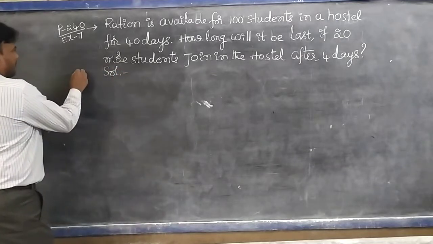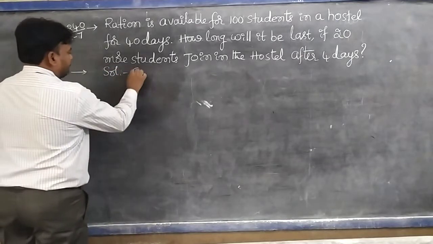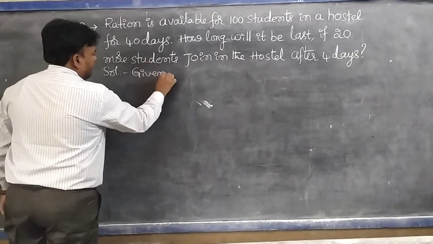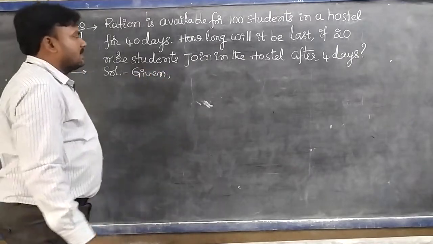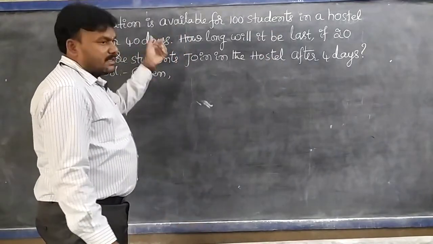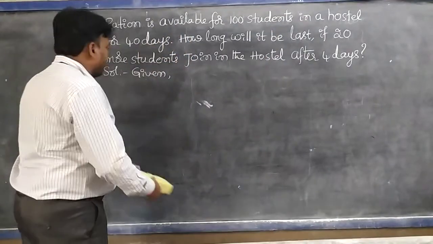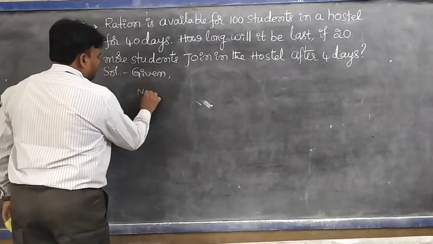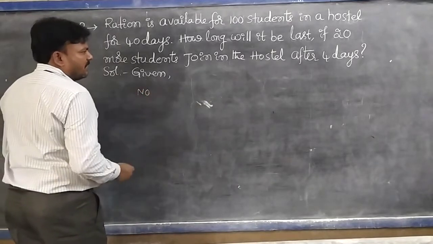Solution given. Here, which are the two quantities? Number of students and number of days. Here, first of all, we have taken number of days.